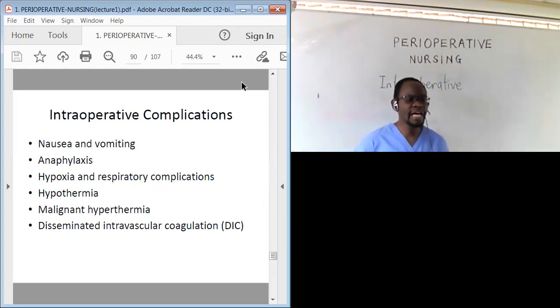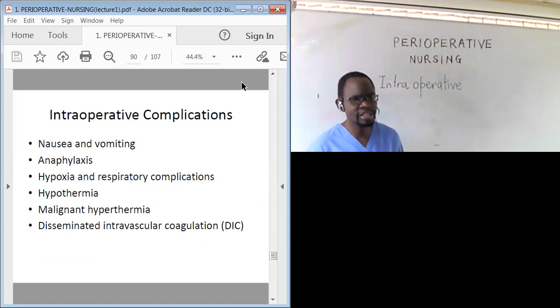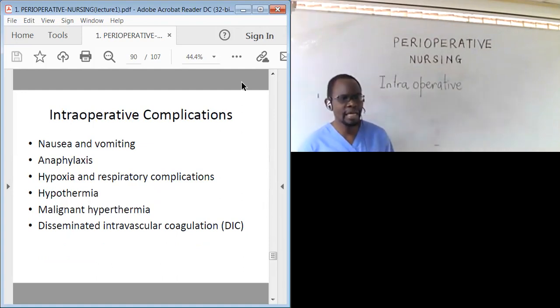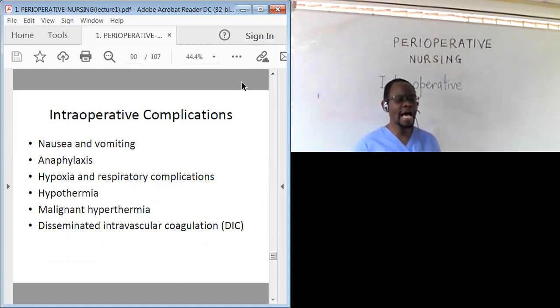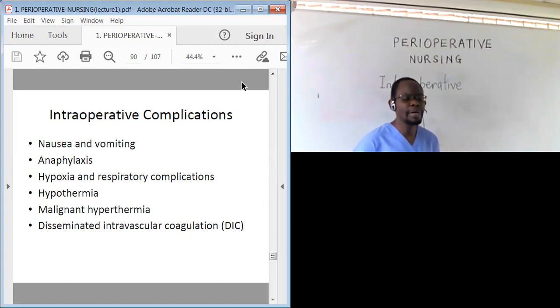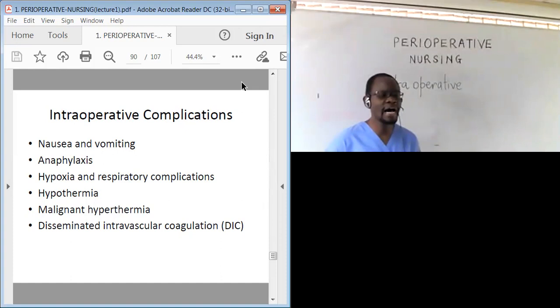We have things like anaphylaxis, especially to these anesthetic agents. Hypoxia and respiratory complications, especially if you go into the medullary stage of anesthesia induction. Then hyperthermia, malignant hyperthermia.